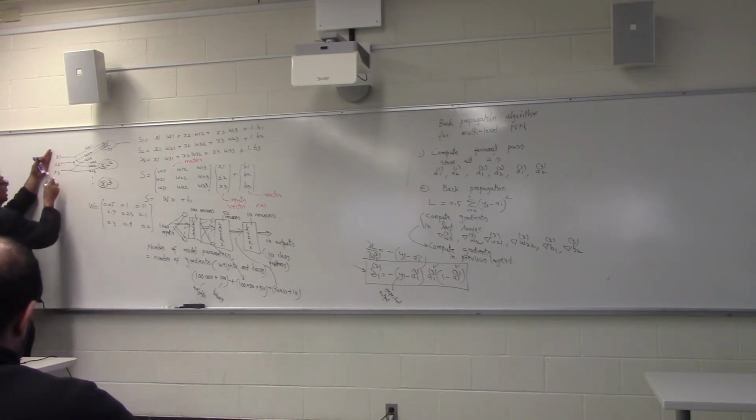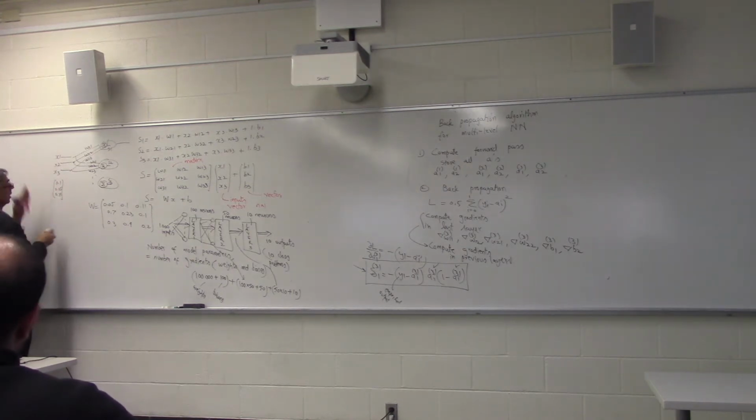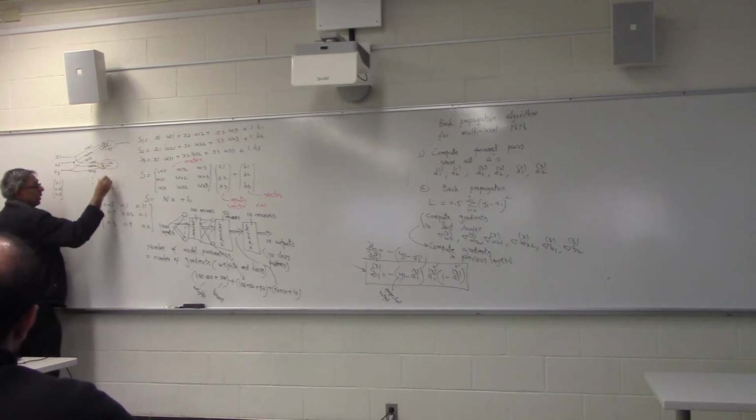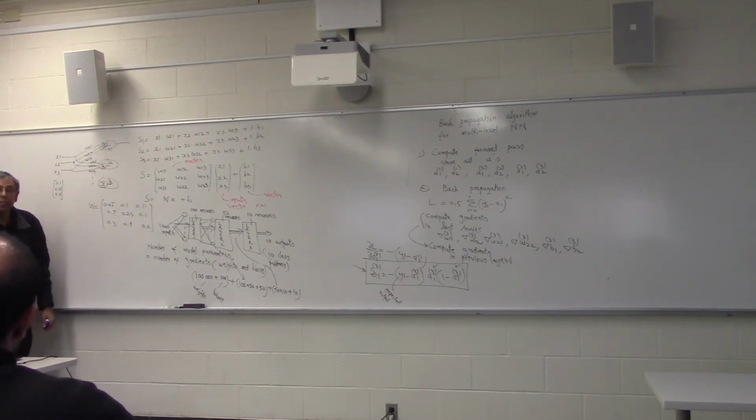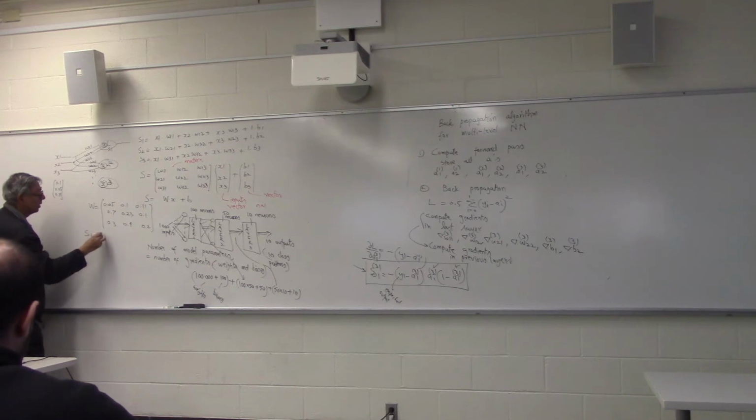If somebody feeds us input data, let's say 0.1, 0.25, 0.71, how will we compute S1, S2, S3? As you can see, it is simply one matrix by vector multiplication and one addition. So all you have to do is compute Wx plus B.